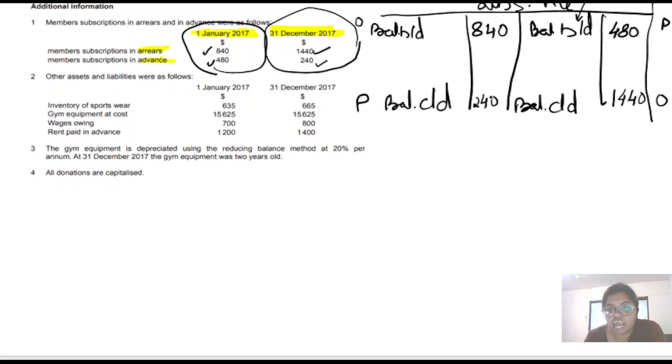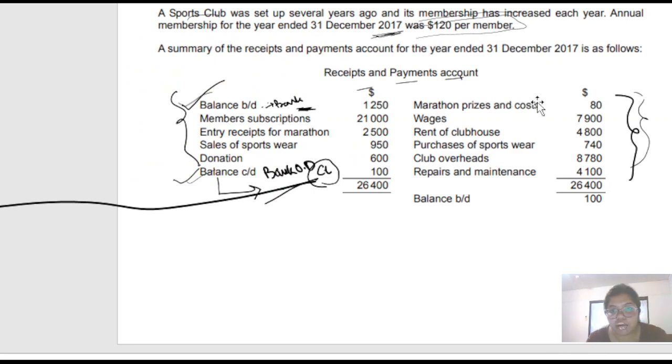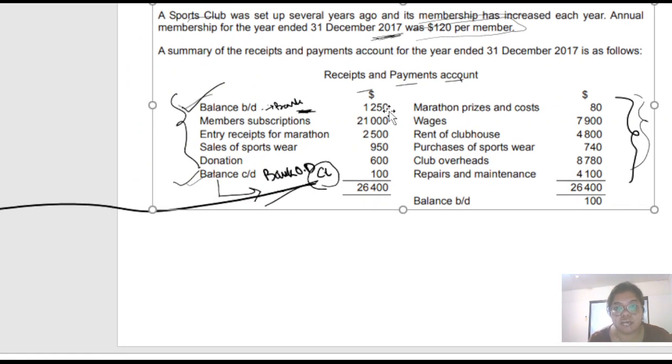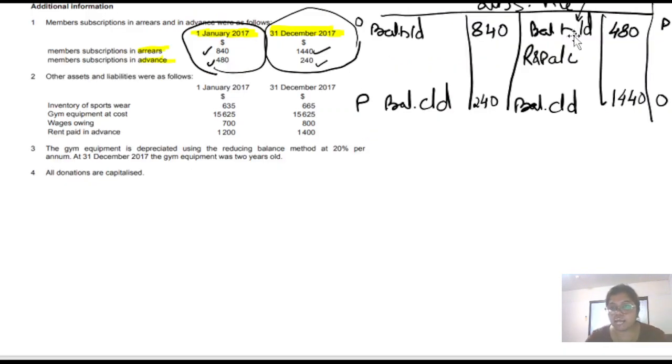Now from the receipt and payment account, you can take your subscription received during the year. So membership subscription is 21,000. It is clearly visible here, 21,000. So we can write it here, 21,000.